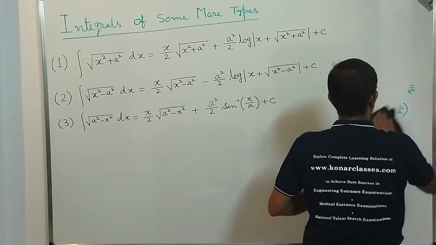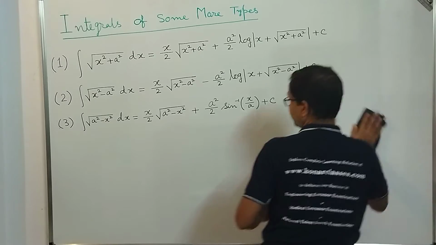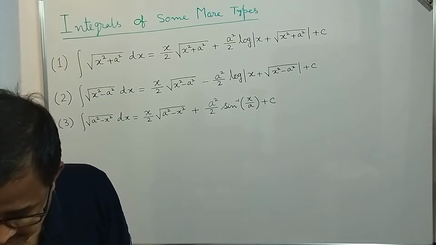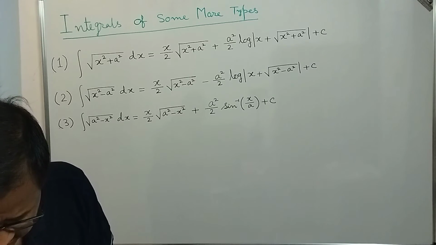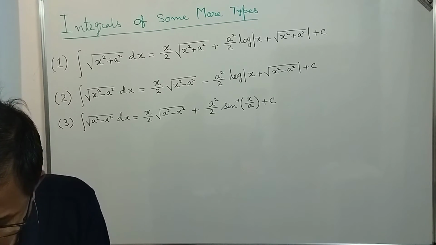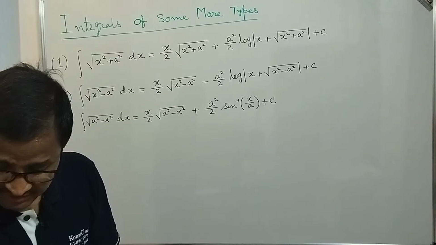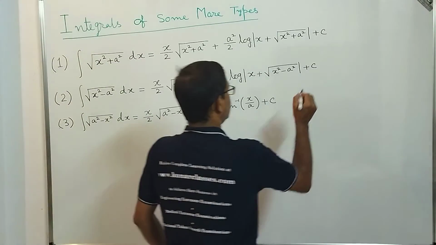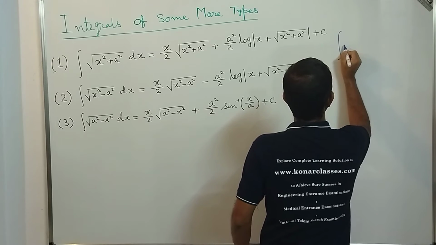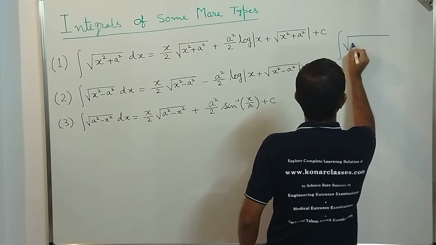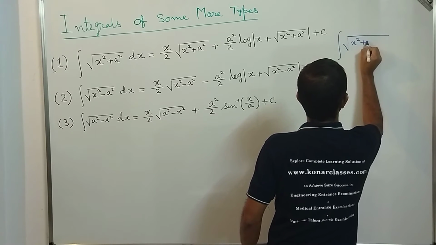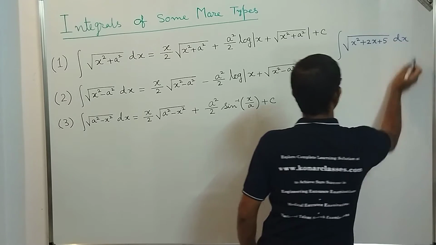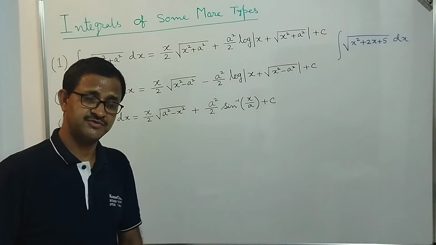Okay, let's proceed. So the first question, let me take it from my notebook and then we will do it. The first question is the integration of square root of x square plus 2x plus 5 dx. What should you do, dear students?